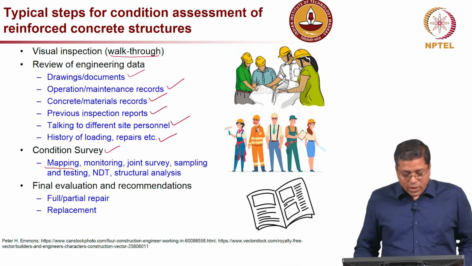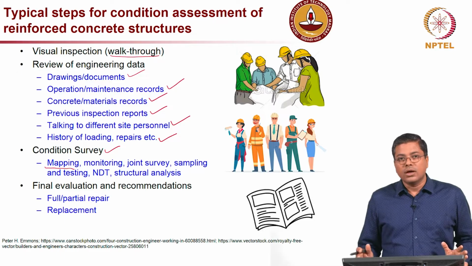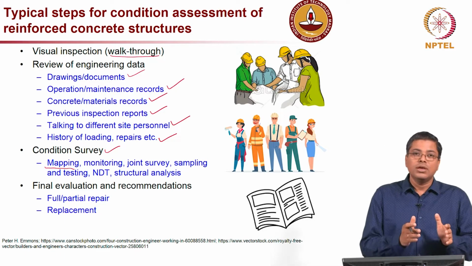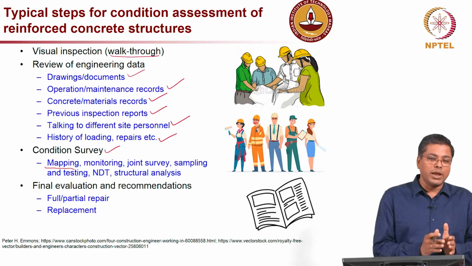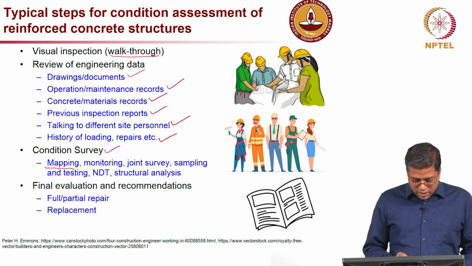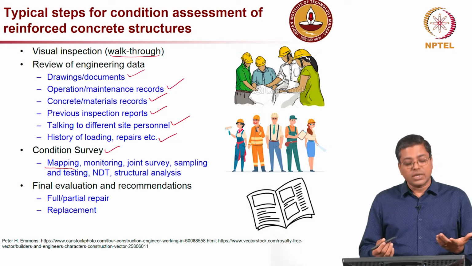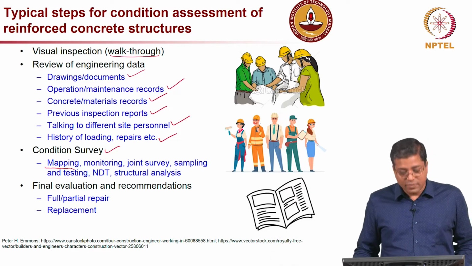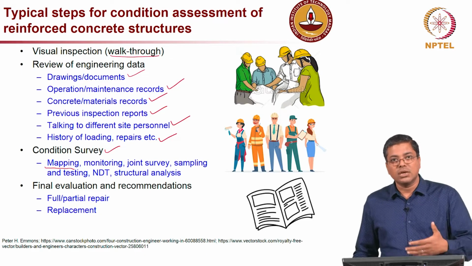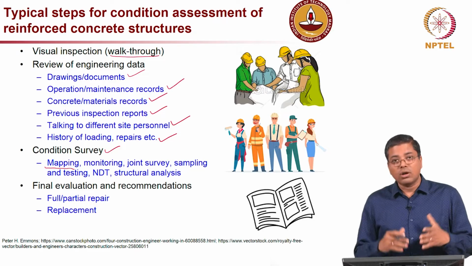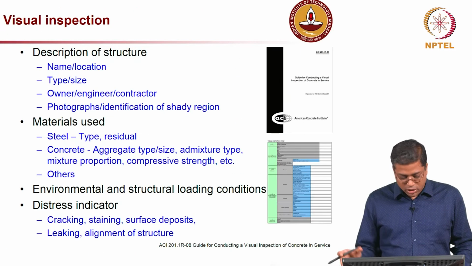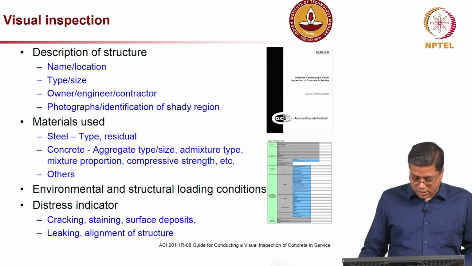This will help in avoiding unnecessary repairs, while ensuring that repair is done at the right place and in the right way. Based on all this, we can give a final evaluation and recommendation on whether to go for a partial repair, a full repair, or to demolish and replace or reconstruct the structure.